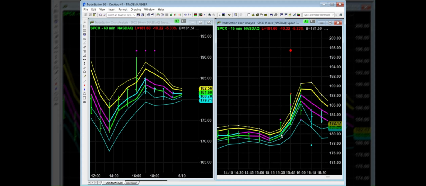So if you purchased this stock around $179, around $180, it increased up to this resistance dot and pulled back a little bit, and then continued to increase all the way up to this second layer of resistance dot.